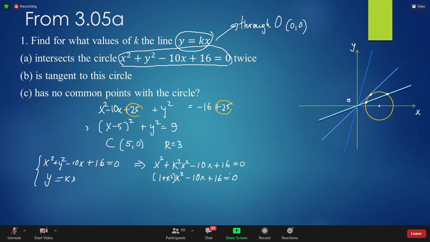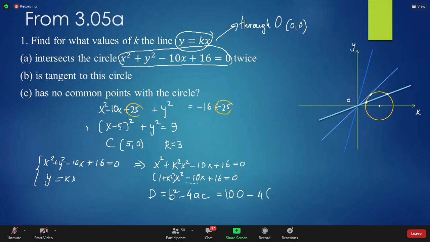And so what happens here is that we need to determine the number of solutions. That is done, of course, by the discriminant. And the discriminant we know is b squared minus 4ac. In this case, b is minus 10. So we have 100 minus 4 times a.